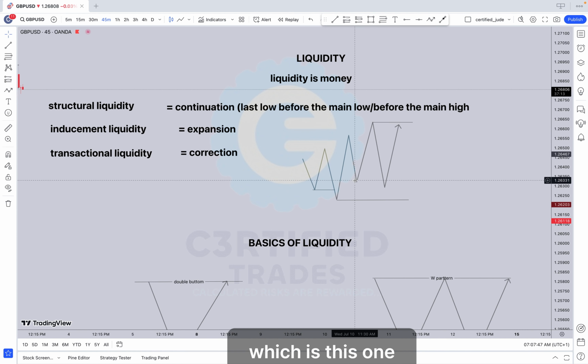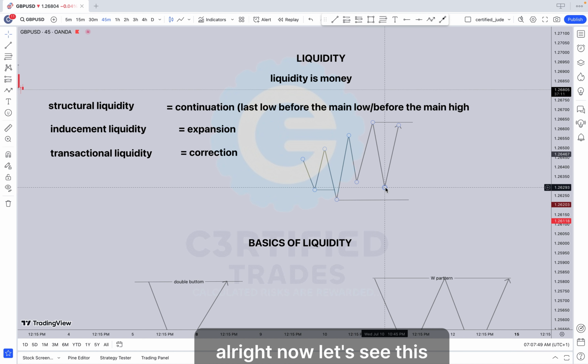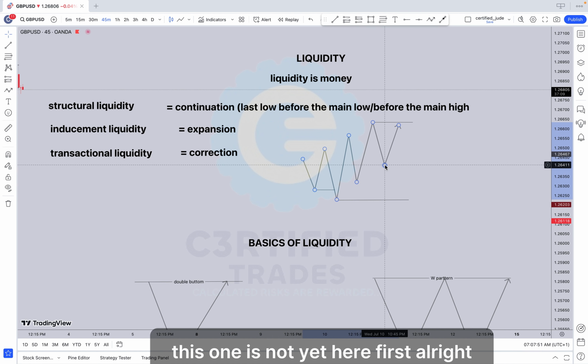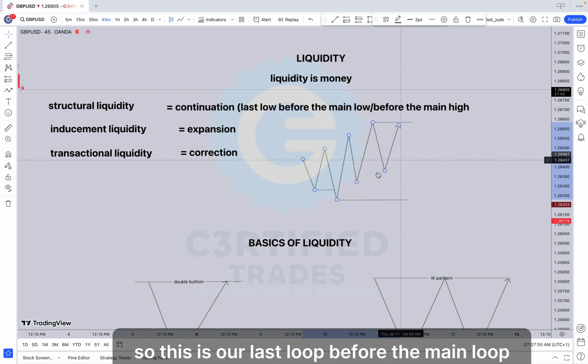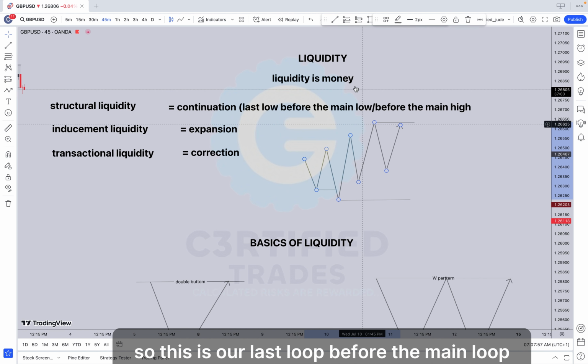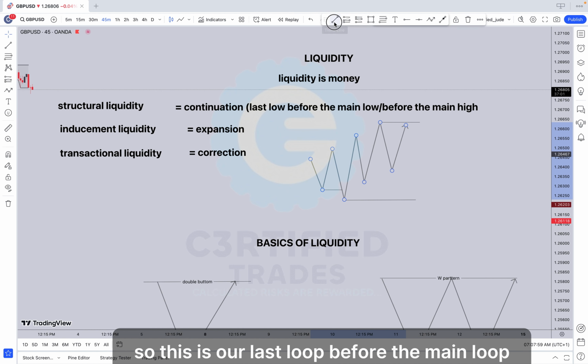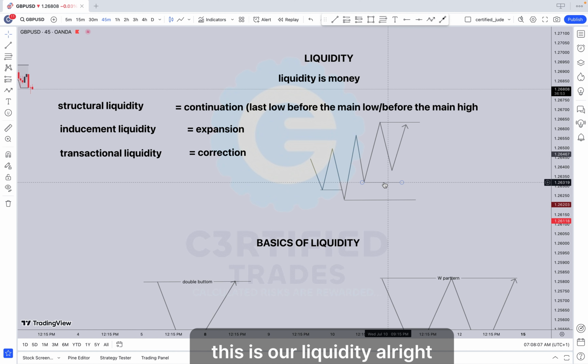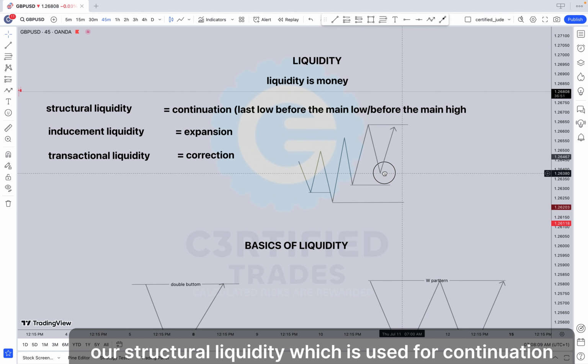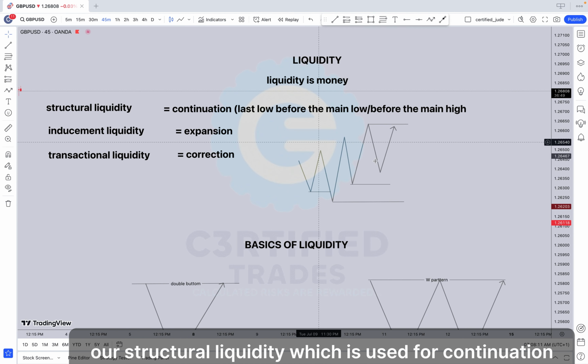Let's say it's just like this. So this is our last low before the main low. Let's mark this out. This is our structural liquidity, which is used for continuation.